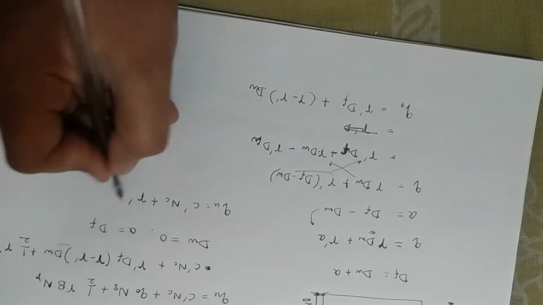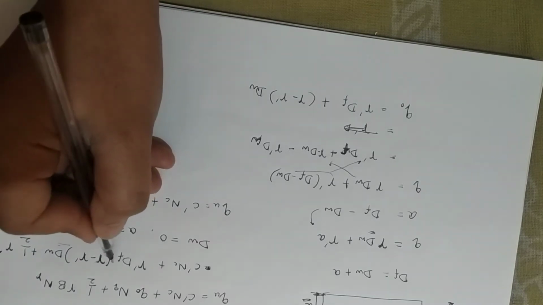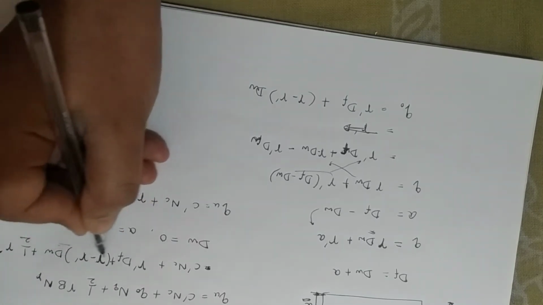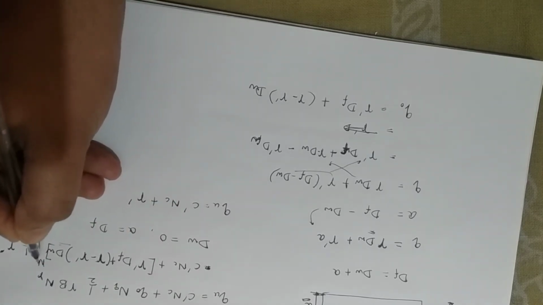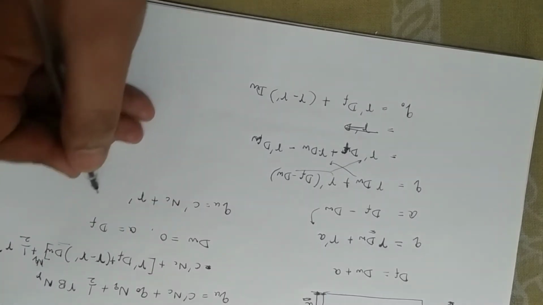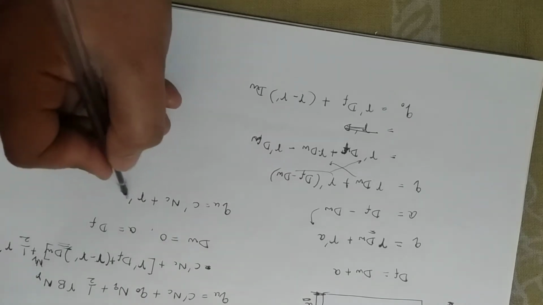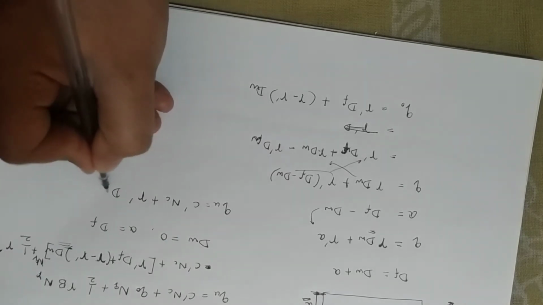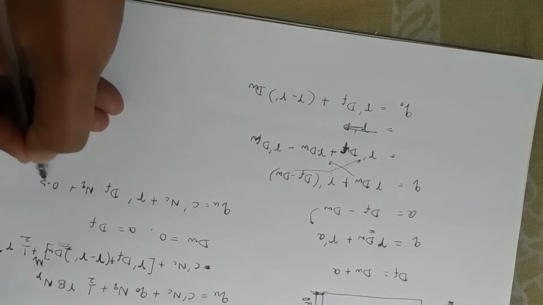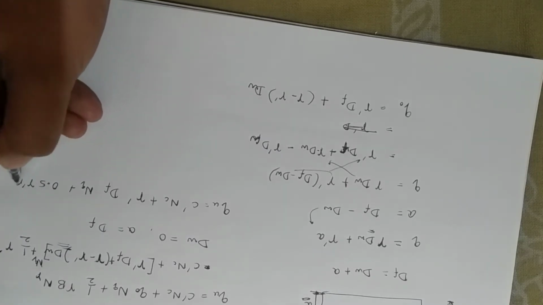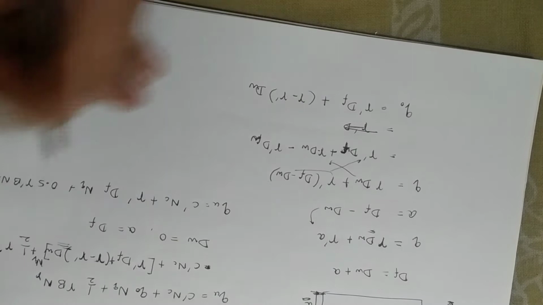This is 0. So this is 0, and this becomes gamma dash df Nq plus 0.5 gamma dash B N gamma.